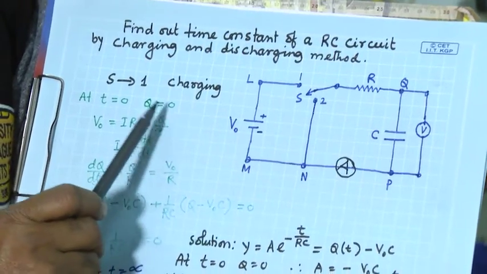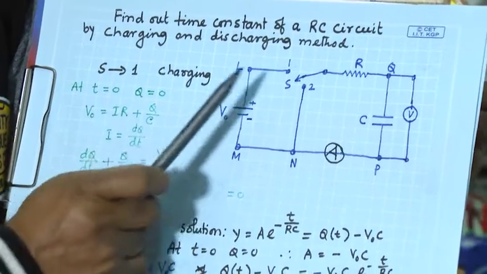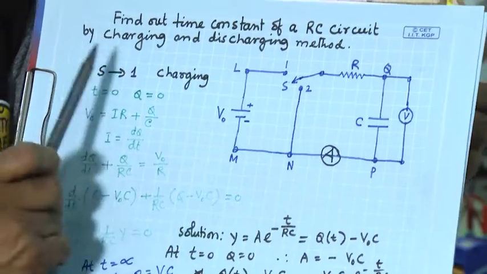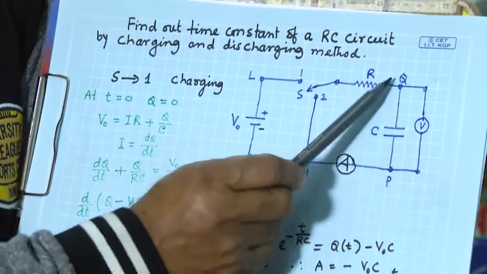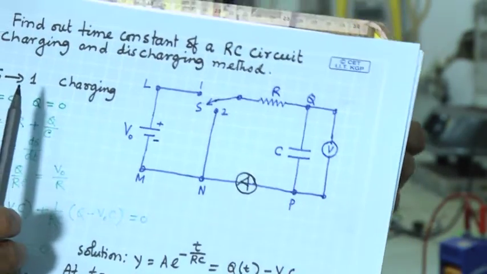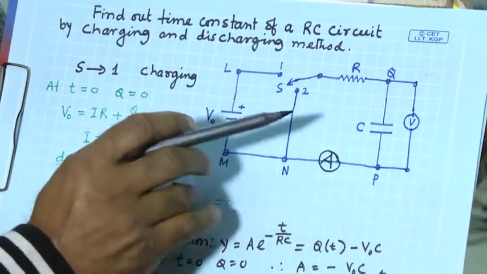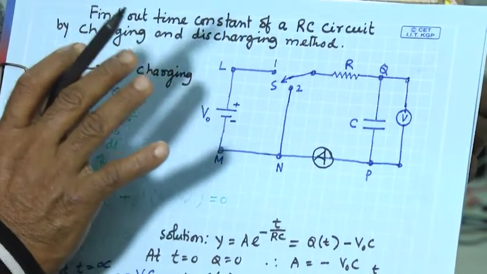So that is the boundary condition, the initial condition. Now if you connect it, what will happen? This is the circuit, and in this circuit you can write what will be the voltage drop.